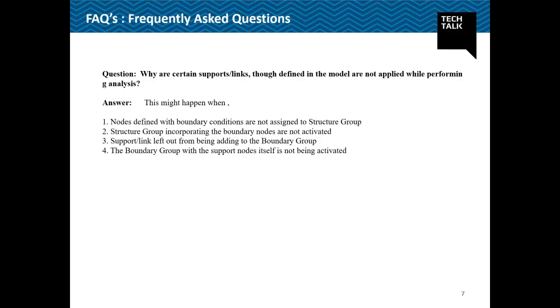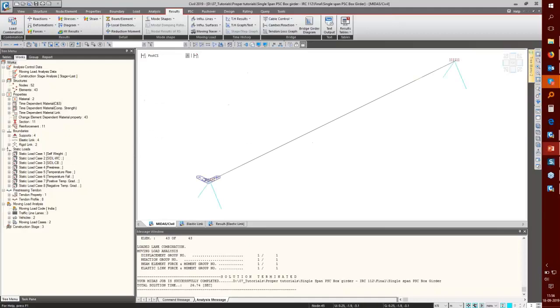The nodes defined within the boundary groups are not assigned to the structure group. The nodes themselves are not getting activated, or the support nodes are not activated. What does this mean? I'll just quickly explain in a model. Here I can see different nodes.